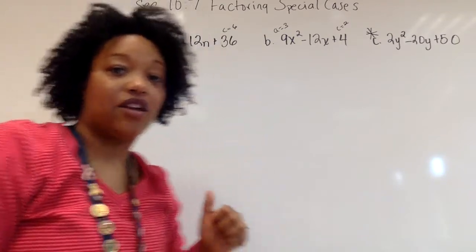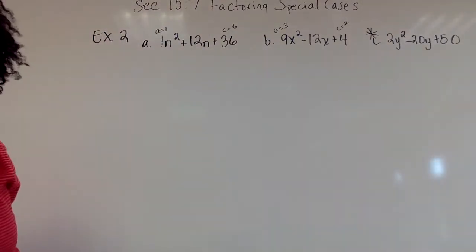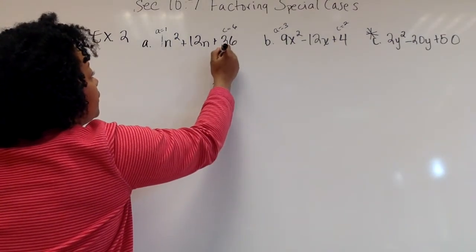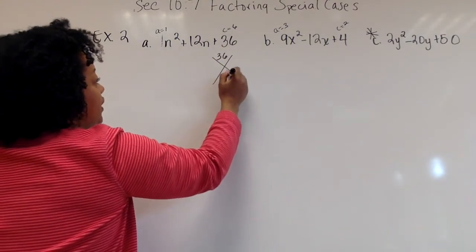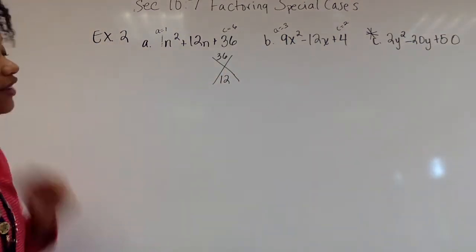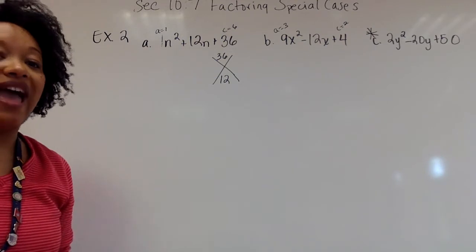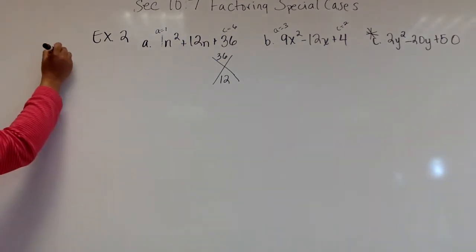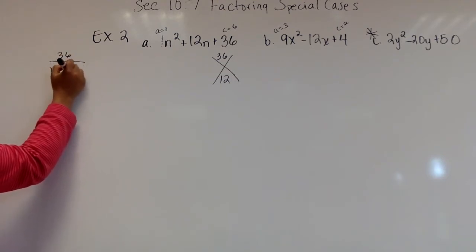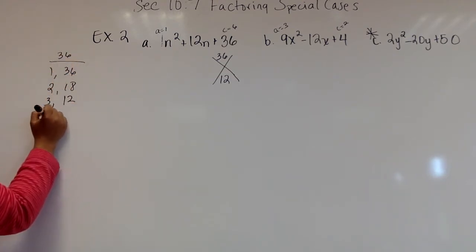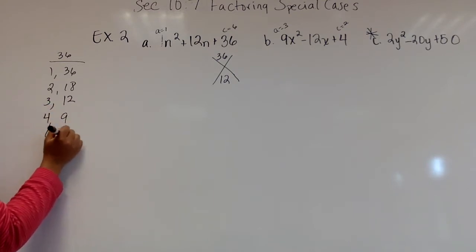Okay, so let's go back to letter A. Let's do the X box. 1 times 36 gives me 36. My middle term is 12. Let's find factors of 36 that when I add them give me 12. You've got 1 and 36, 2 and 18, 3 and 12, 4 and 9, 6 and 6.